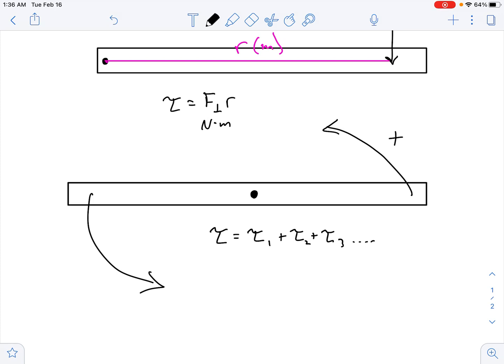And just like before, the torques in opposite directions are going to cancel each other out. Torques in the same direction are going to add together, except now instead of dealing with left, right, up, down, east, west, it's all going to be about clockwise, counterclockwise.